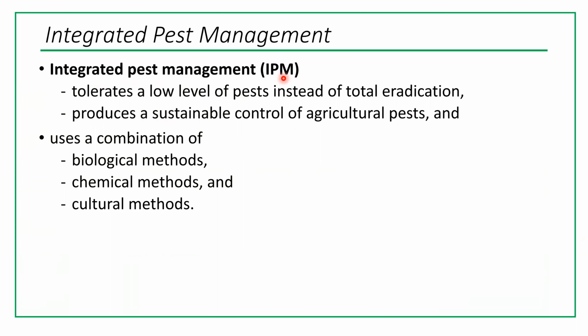And what IPM means is that we can combine different methods. We can use chemical methods like pesticides, right? But not just pure pesticides. We can also use biological methods, right? Maybe introduce their predators, or we can use cultural methods.